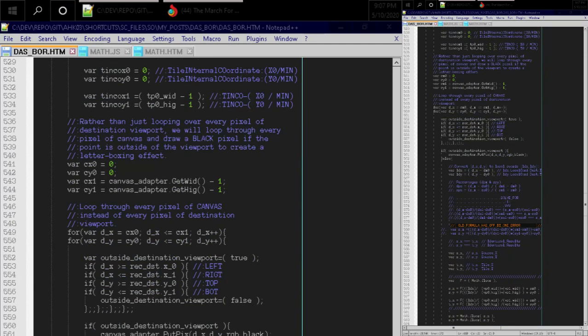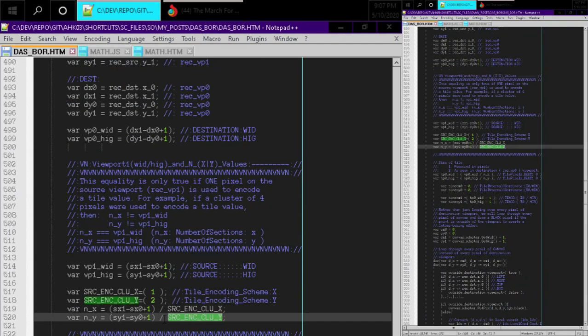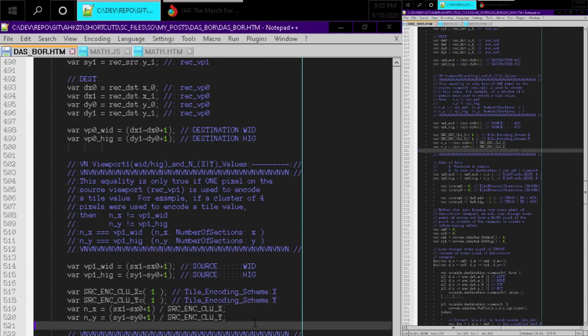Okay, so this should not be a 1 and a 2. That should be hard-coded as a 1, and I don't know where I got off putting a 2 in there. So that's a blatant problem that would cause a lot of trouble for us.